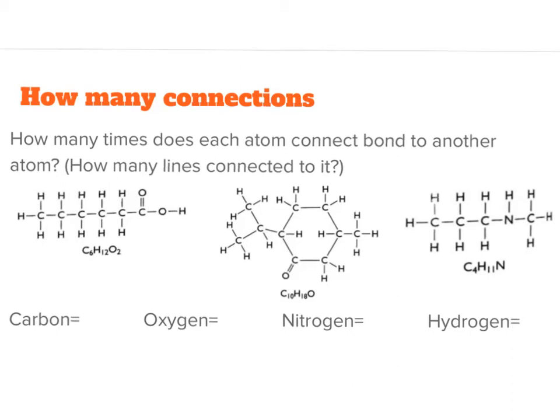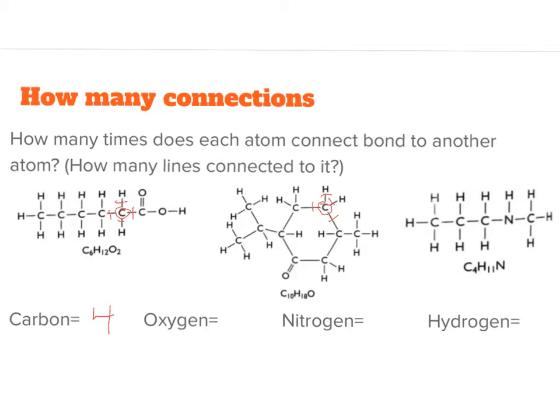All right, so for carbon, you should have counted that they all have 4 lines attached to them, or 4 bonds. So you can look at any carbon, but here's one, and it's got 1, 2, 3, 4 lines, or 4 bonds. Another carbon, 1, 2, 3, 4, so carbon tends to bond 4 times.